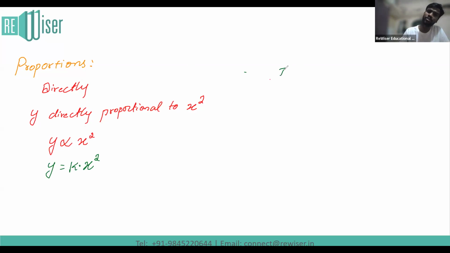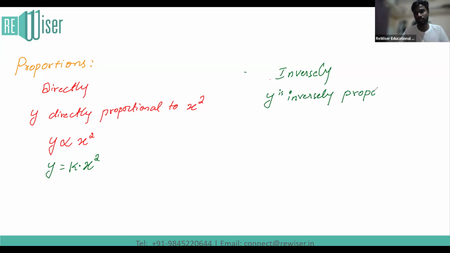And when we talk about inversely proportional, when we have y is inversely proportional to x squared, then it's basically y with the symbol.